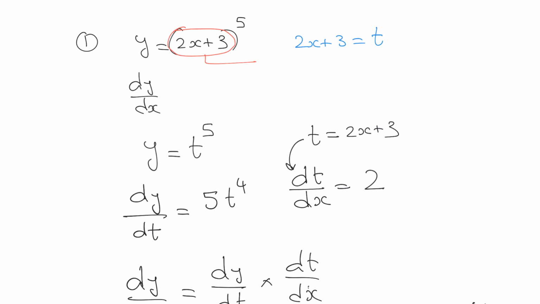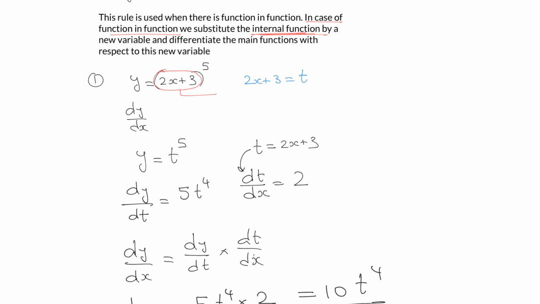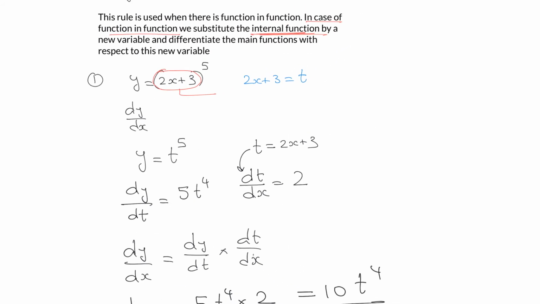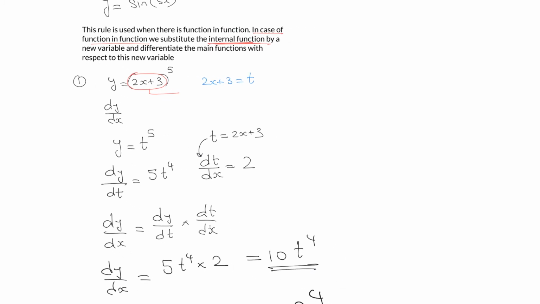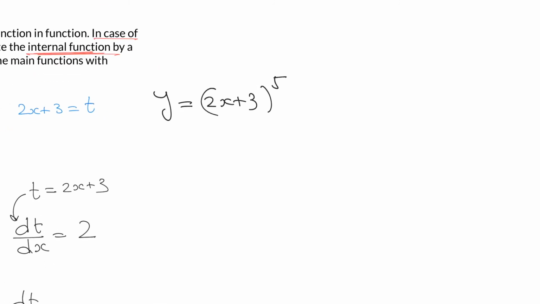Now we'll take a shortcut method by using which we can directly find out the answer without doing this much calculation. We are using chain rule only, but we are just using a shortcut method. So in the first question, it was nothing but 2x plus 3 raised to 5. How can we directly write the answer without doing much calculation?